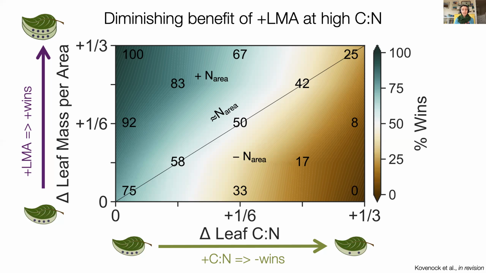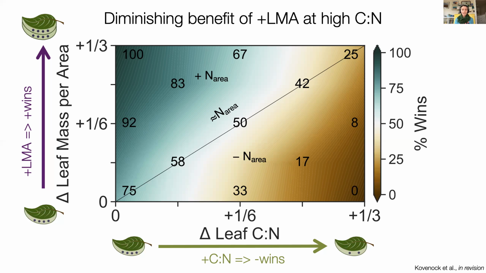So this tells us in this competition space that it's generally advantageous to have less increase in carbon to nitrogen ratio, and for any carbon to nitrogen ratio to have more increase in leaf mass per area.